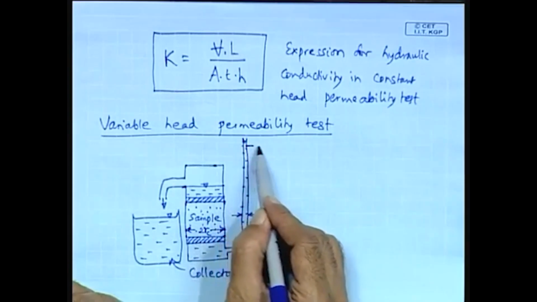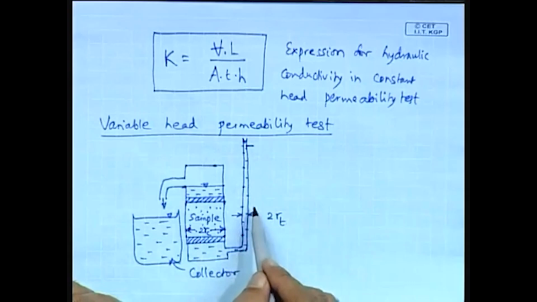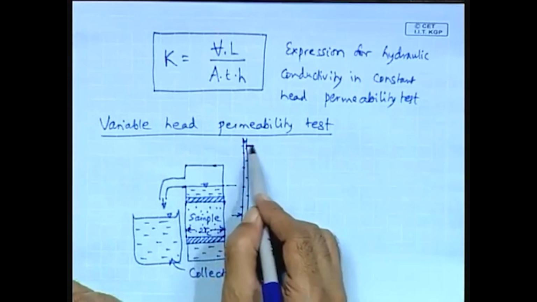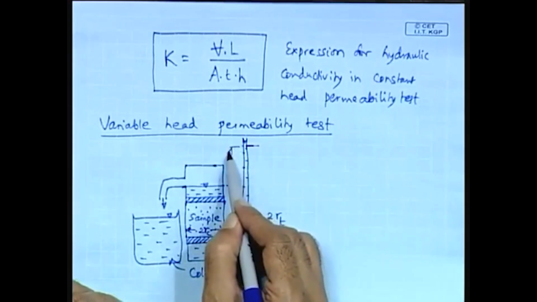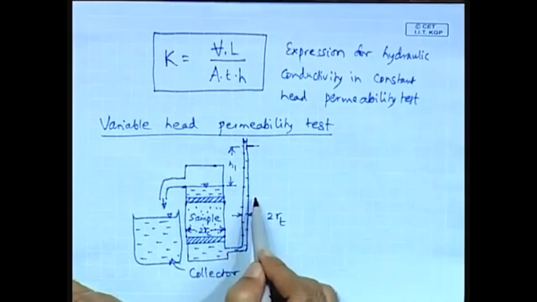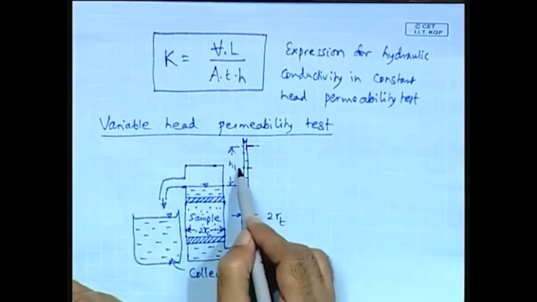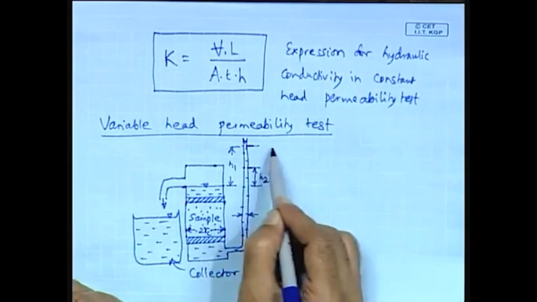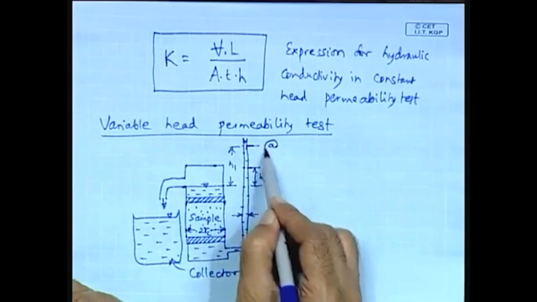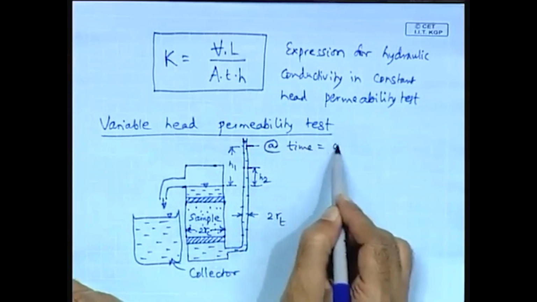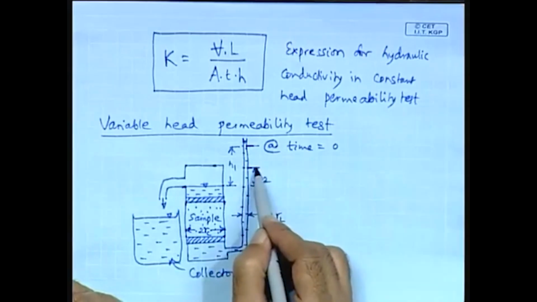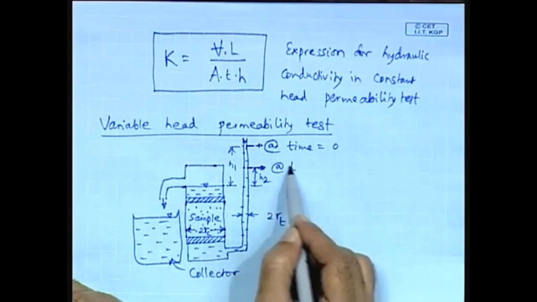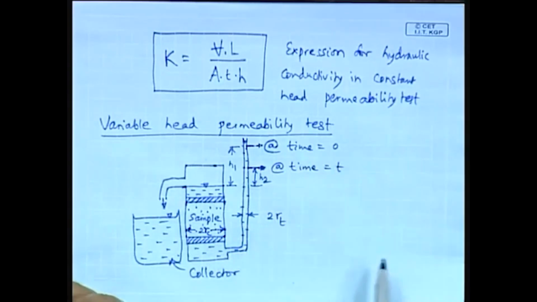And the initial head, let this be the head H 1, and this head is measured with respect to this one. H 1 is the initial head at time equal to 0, and this is H 2, the water level at time equal to t.